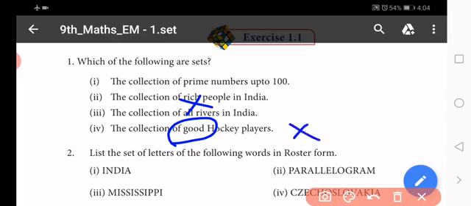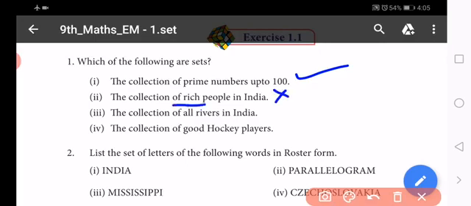In the exercise there are only 4 questions. The first one, the collection of prime numbers up to 100, is well-defined, so it is a set. The collection of rich people in India, the word rich is not well defined, so it is not a set. The collection of all rivers in India is well defined, so it is a set.